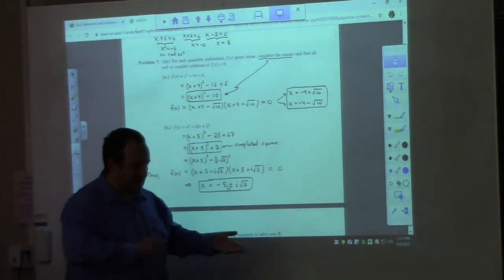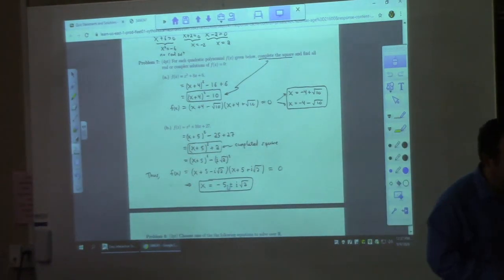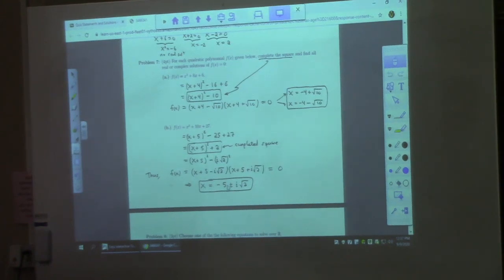So I said, so this is the other issue that persists throughout both sections of pre-calculus. And the issue is this. There is a difference between an expression versus an equation. Right?